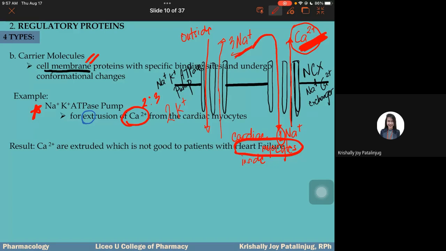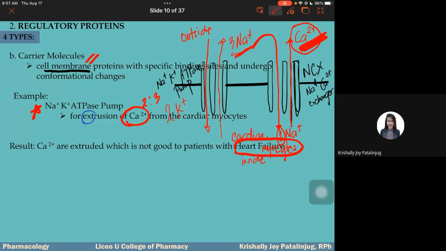So, there are drugs that would target and inhibit this pump, and they are classified as anti-heart failure drugs. Okay? I hope you got my point. Again, if the patient has heart failure, this is not good.